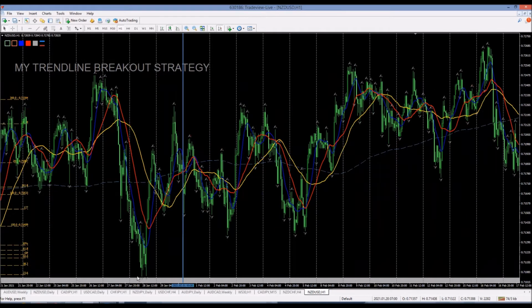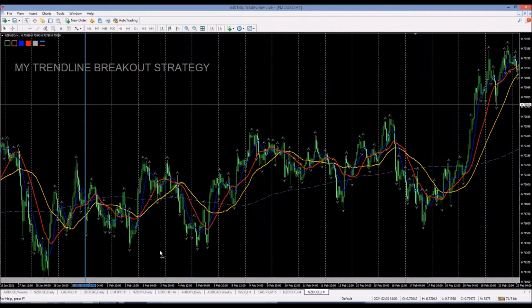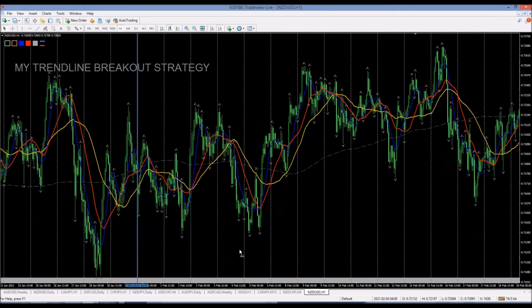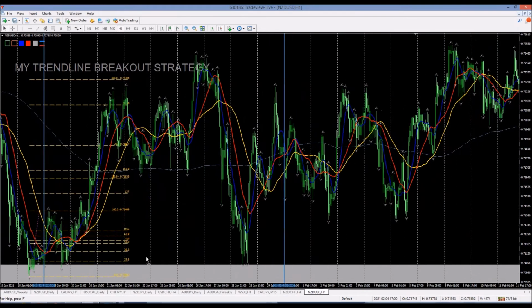Ooh. I'm not going to count this one, although it looks beautiful, doesn't it? Right? It does look beautiful. Let's have a look. No, I'm not going to count that one. I've got the line there as if I would have counted it, but I can't really see the setup.